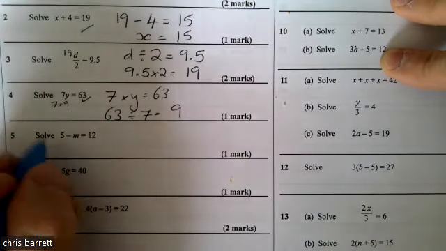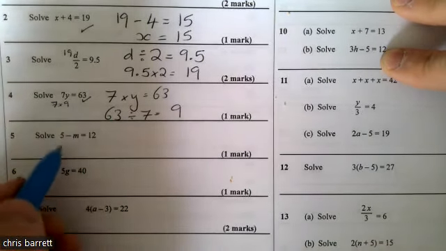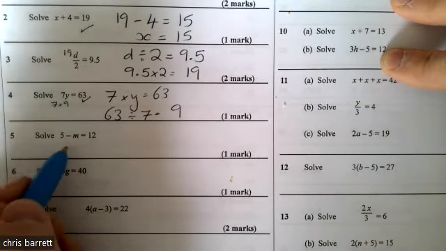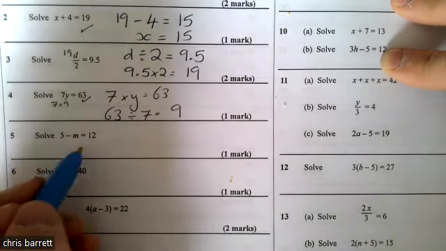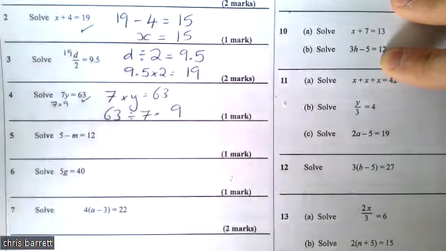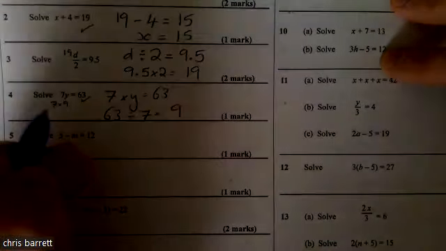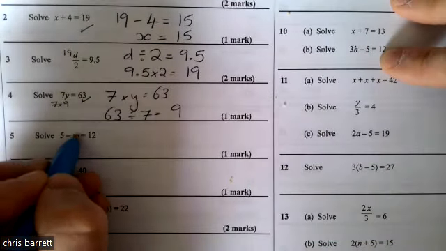Next one, you can see now that in regards to these questions above, particularly for question 2, your m has changed position. So I've now got 5 subtract m is equal to 12. The first thing I'm looking at is that from my question part, I'm now increasing in size.